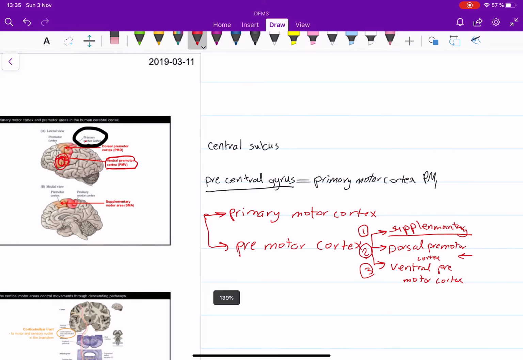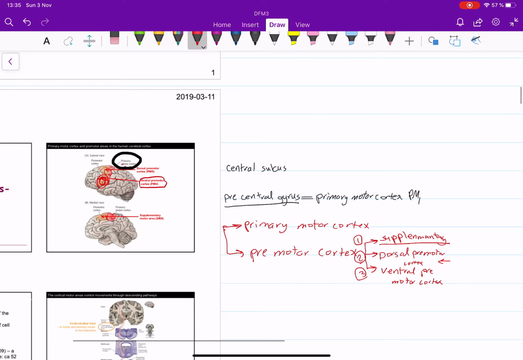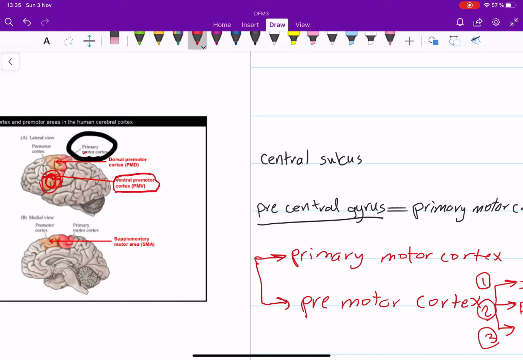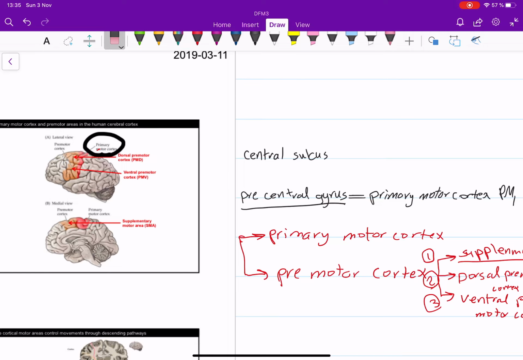So in the posterior part of the inferior frontal gyrus, or in the inferior part of the premotor cortex area. So now anatomically, we can define where these areas are located. Now let's turn to the function of each area.